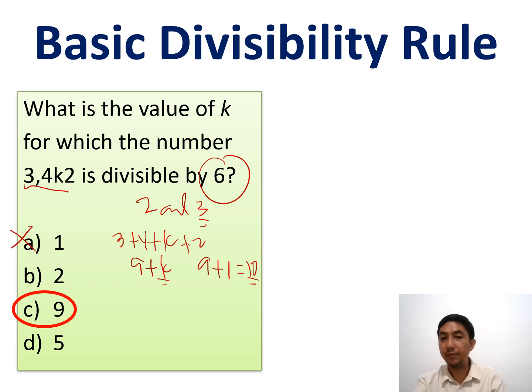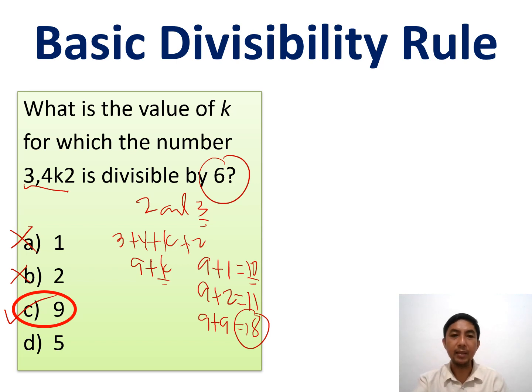So, wala na itong letter A. However, if you substitute the value 2 to k, you get 9 plus 2 is 11. 11 is not divisible by 3. But for letter C, 9 plus 9 is 18. And 18 is obviously divisible by 3. So therefore, this must be the value of k. So the answer is letter C.